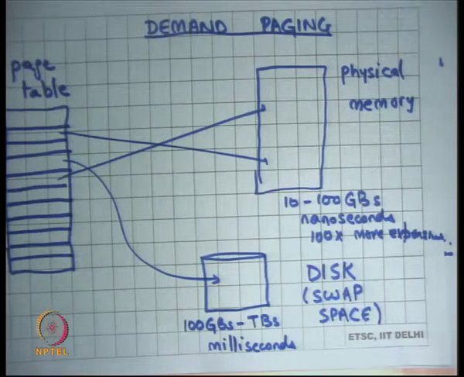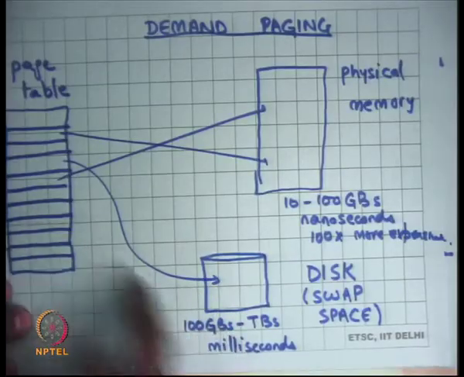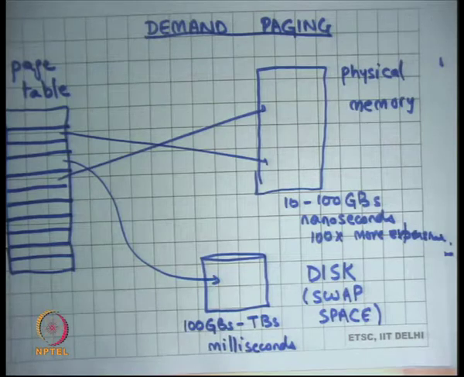So the miss cost is much higher than the hit cost, and for the scheme to be successful, you would want the hit rate to be very high. If the hit rate is small, you'll be executing at the speed of the disk.